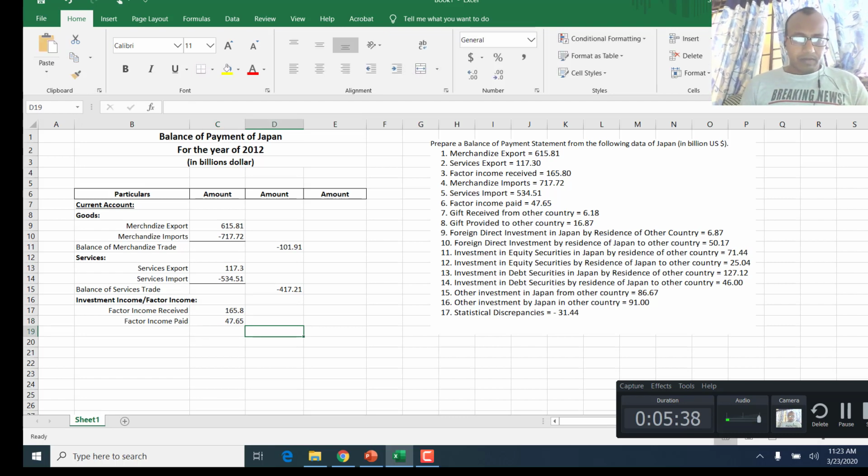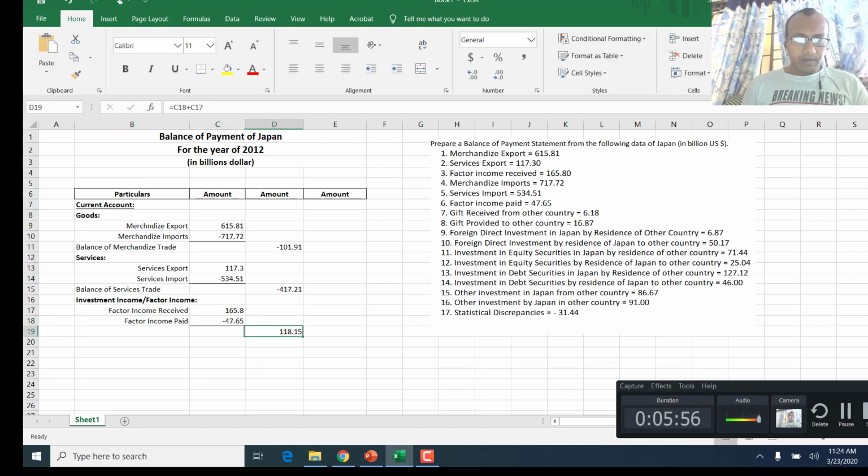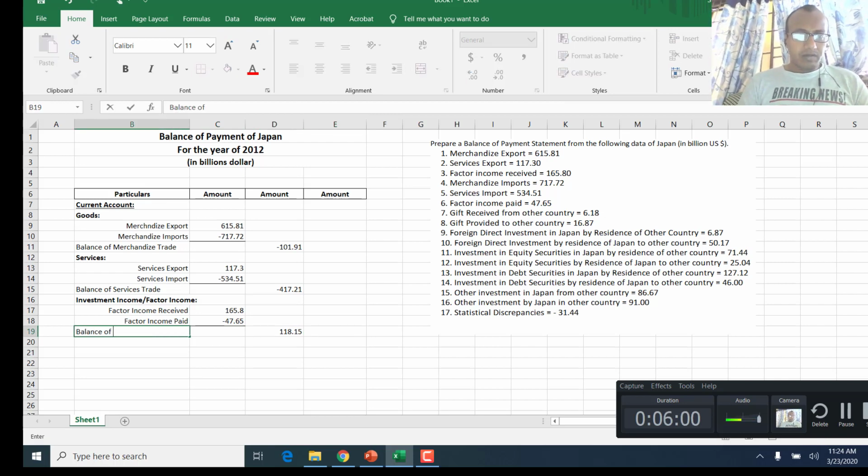We underline this. The payment should be negative, as it is paid it should be deducted. And the balance of these two is the balance of investment income, or you can call it the balance of factor income.